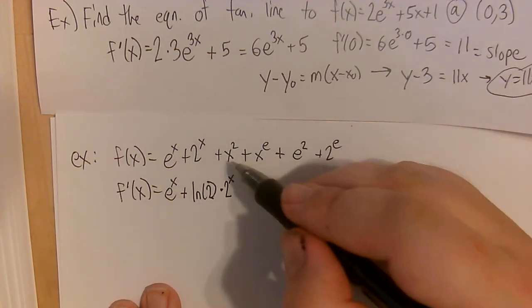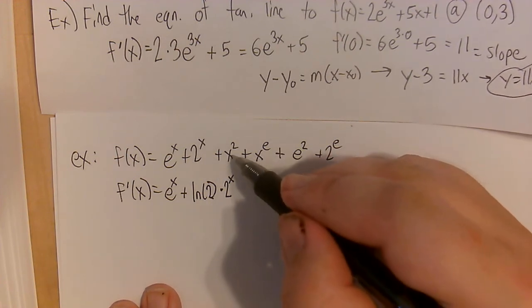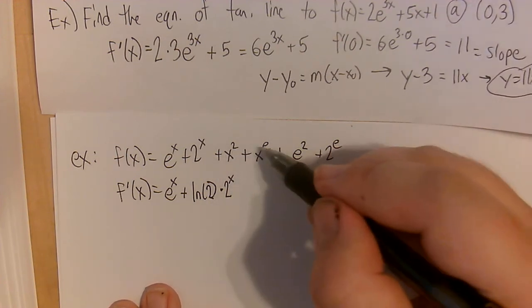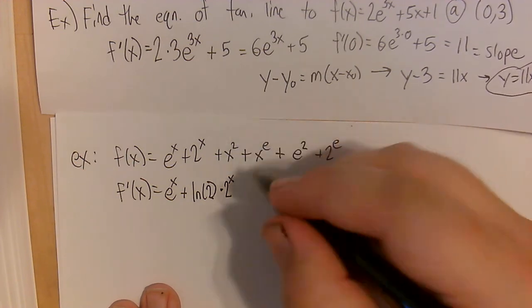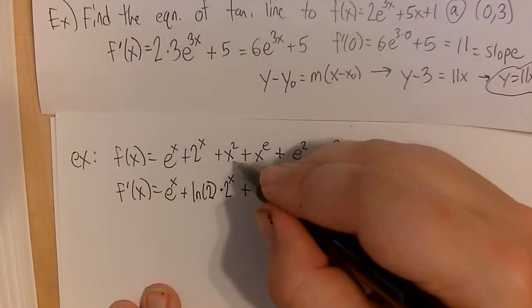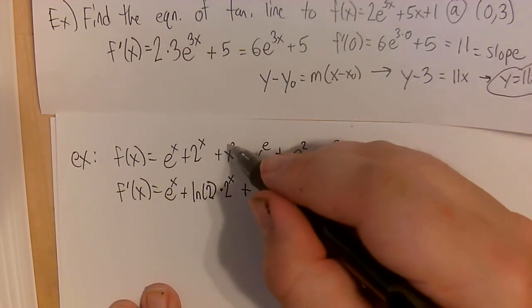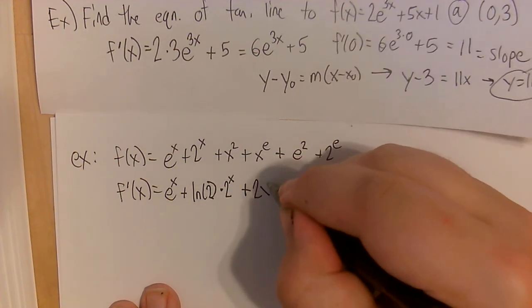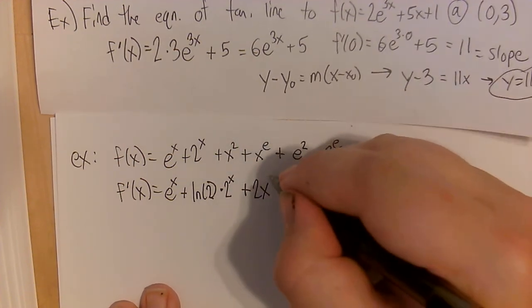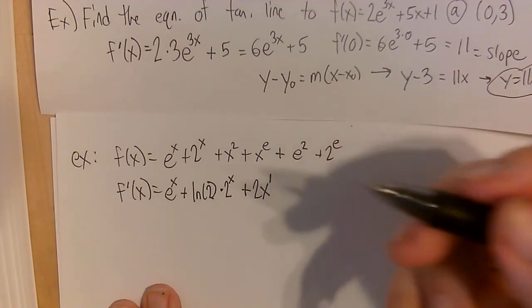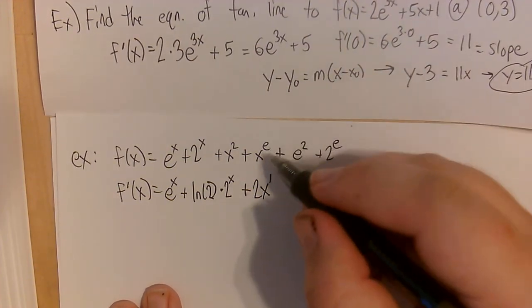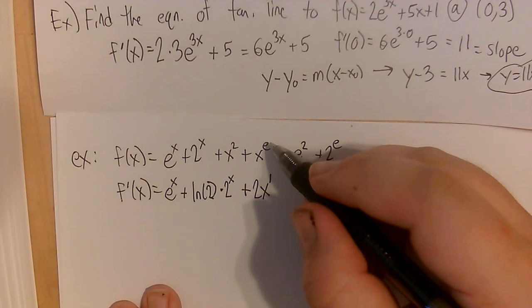Now these next two are power functions, and they're power functions because our variable is the base now, and they have a fixed power. So for the derivative of x squared, we bring the power down, and then lower the power by 1. So 2 goes to 1, and we could just leave that as 2x if we'd like. And then we have x to the e right here.